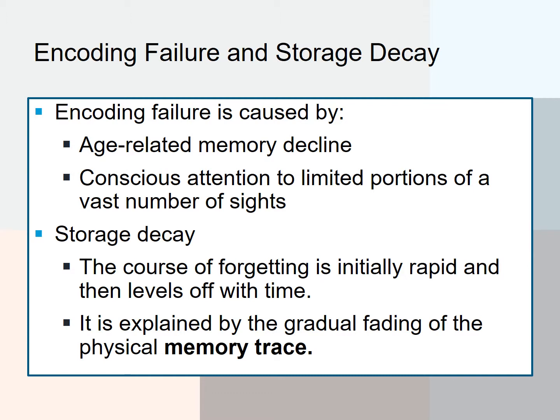The course of forgetting is initially rapid and then levels off over time. You'll remember it very easily if you were just exposed to it, and then it is less likely that you'll remember it. It declines over time, and then it sort of levels off. This is explained by the gradual fading of the physical memory trace.